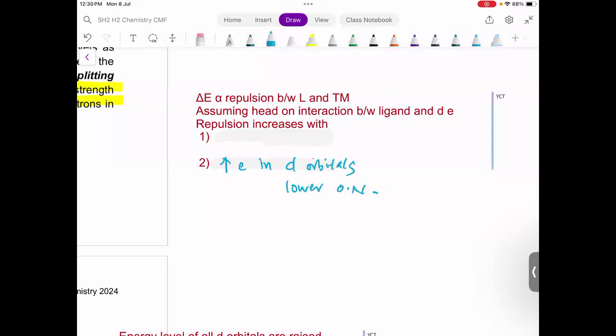Now, the extent of repulsion also changes with your ligands. If your ligand is very willing to share its lone pair, or forms a very strong dative covalent bond with your transition metal cation, then the repulsive force will be higher.